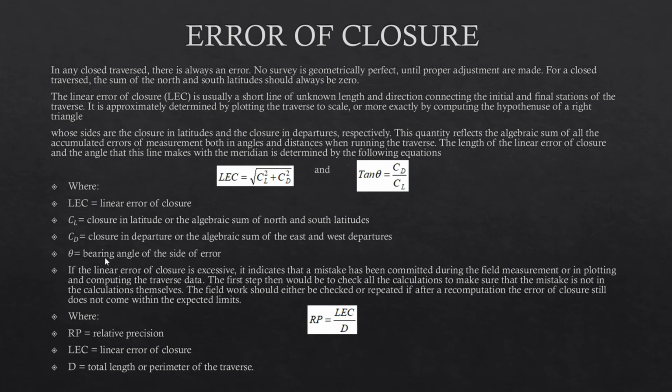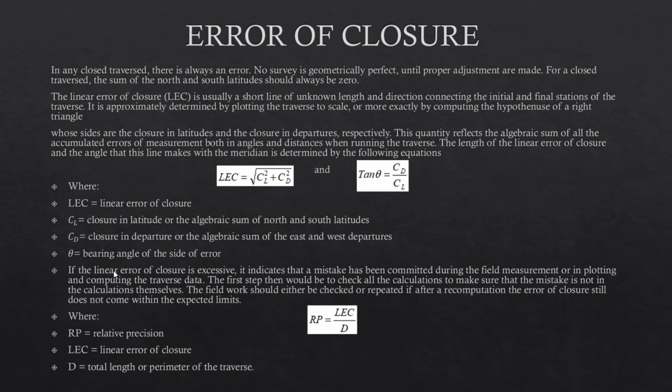Okay, so, ayan na. So, meron tayong theta is the bearing of the sides of error. Bearing yan. Tandaan nyo, bearing angle of the sides of error. So, if the linear error of closure is excessive, so sobrang laki ng naging error, it indicates that a mistake has been committed during the field measurement. So, hindi lang siya error, mistake na siya.